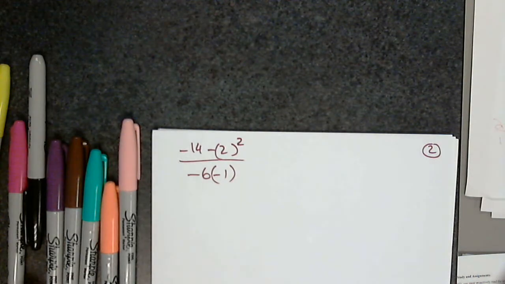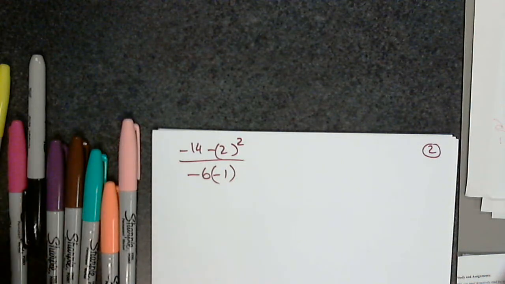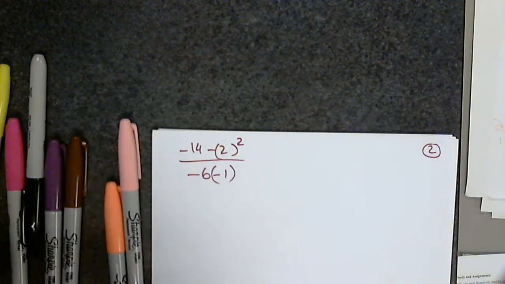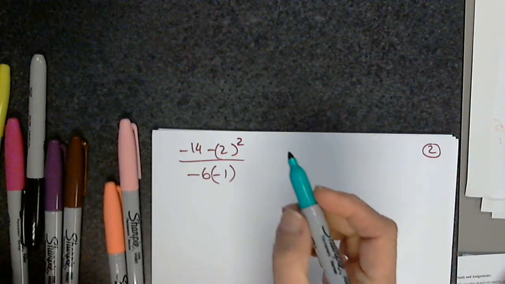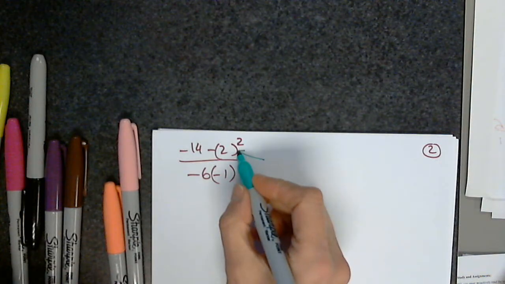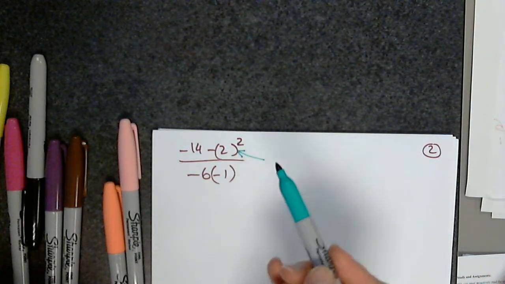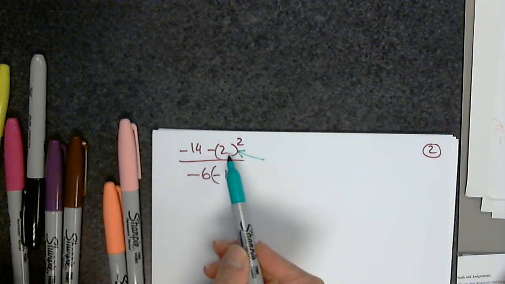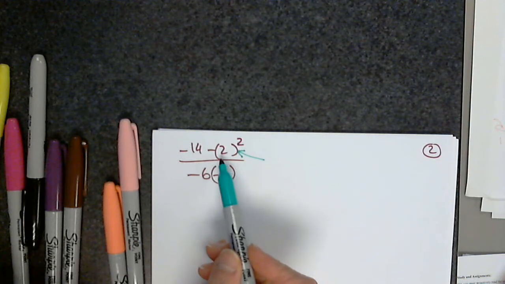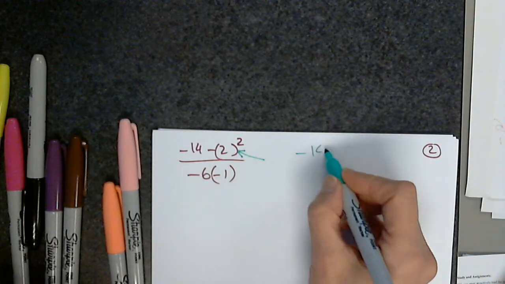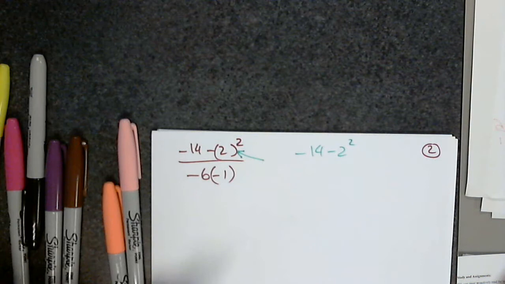Yes. However, there is a difference between the parentheses at the top and the parentheses at the bottom. Okay? So this indeed tells me to square 2. Actually, parentheses here are not really required. This is the same thing with this.